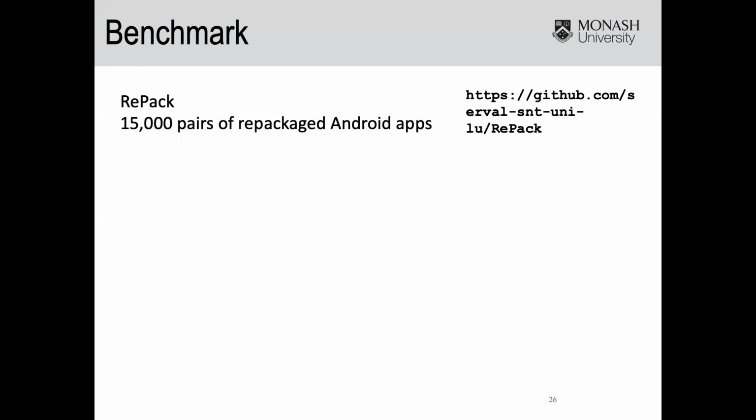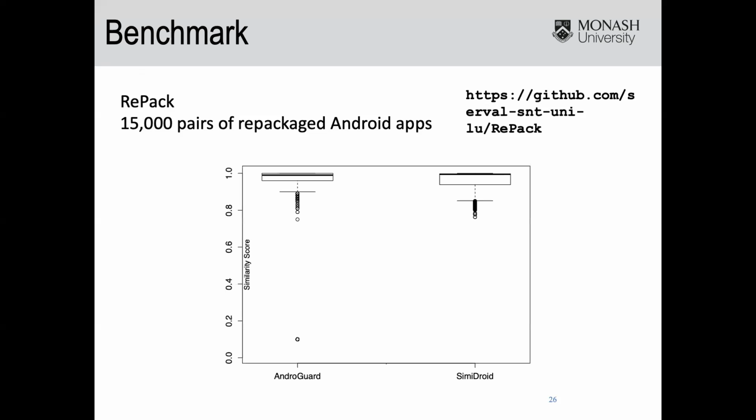Eventually our repository, named RePack, contains 15,000 pairs of repackaged Android apps and has been made available on this GitHub page. We leveraged two existing tools to check those pairs of apps, and found that for Androguard and SimiDroid, the similarity of these apps is very high, which shows the reliability of our dataset benchmark.